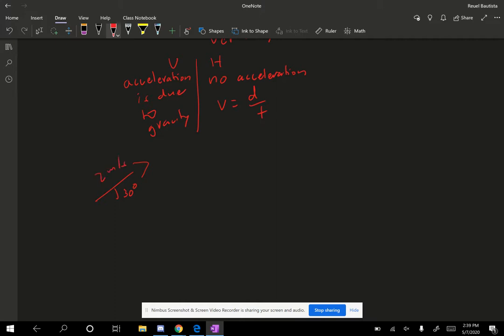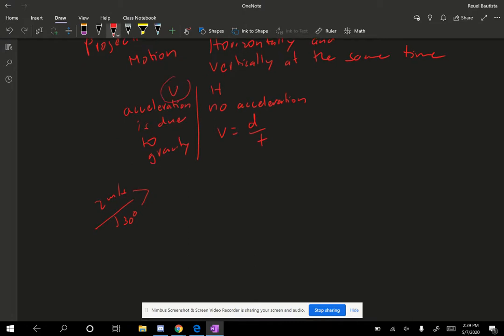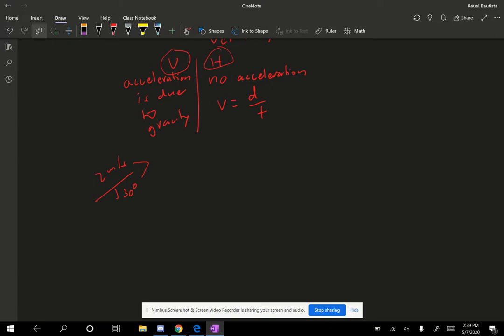A lot of the time, since we know what to do with vertical and we know what to do with horizontal, we're going to separate out this vector by its vertical axis and horizontal axis. Vertical axis, remember, is sine. Horizontal axis is cosine. To figure out the vertical component or the horizontal component, we just use our sine and cosine functions.